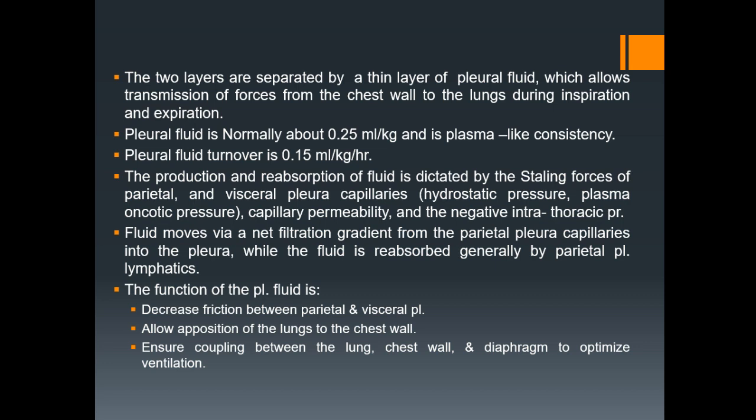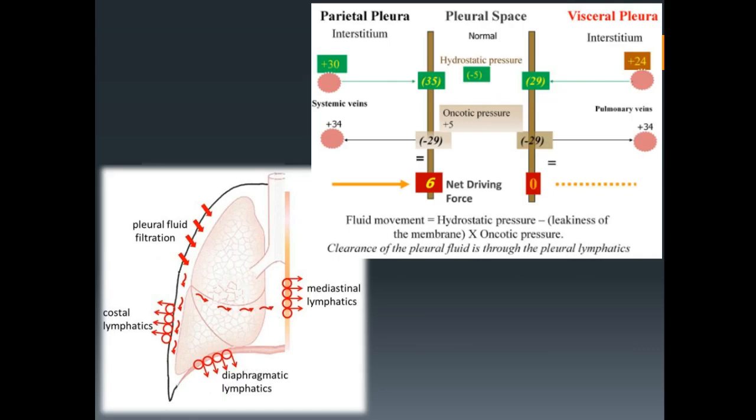Now, this is the parietal pleura, this is the pleural space, and the visceral pleura. What is the action of the hydrostatic pressure and oncotic pressure? Because it contains protein, we have oncotic pressure. This is how the fluid will be absorbed.